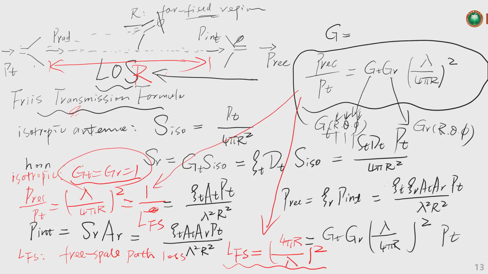And how about if there is a surface here, and we have an antenna at this side and an antenna at that side? The signal goes to here and is then reflected by the surface to here.